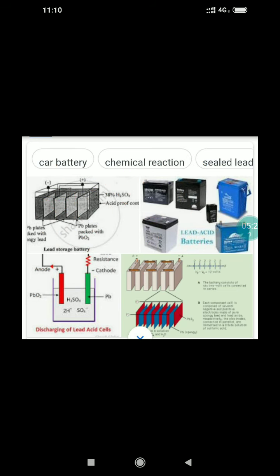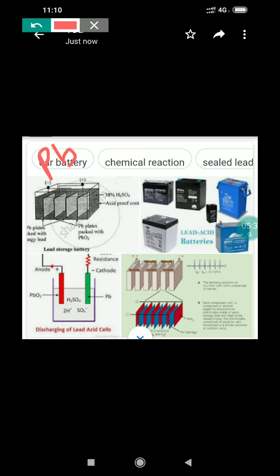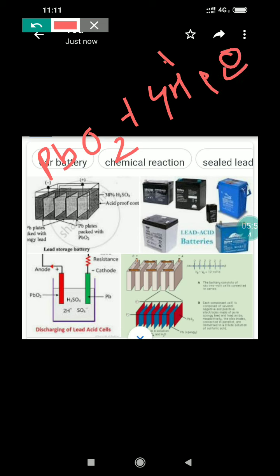Now the cathodic reaction. Here PbO2 impregnated with the lead plates acts as a cathode, and the cathode is a positive electrode. So here PbO2, this is impregnated on the cathode. So PbO2 plus 4H positive ions from sulfuric acid plus the remaining 2 electrons, we get Pb di-positive plus twice H2O.